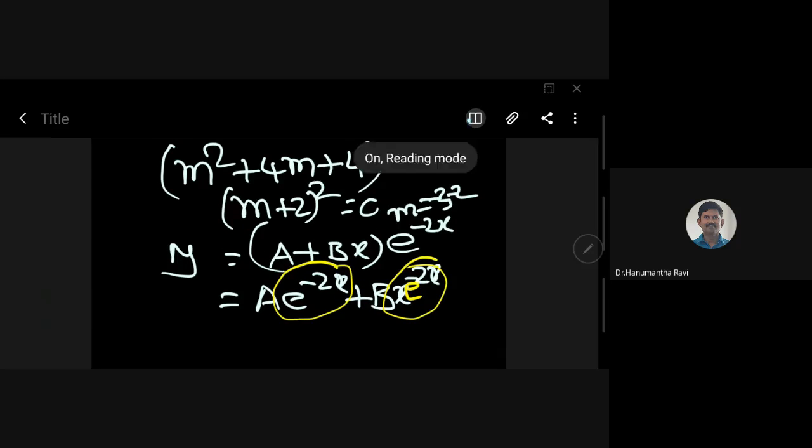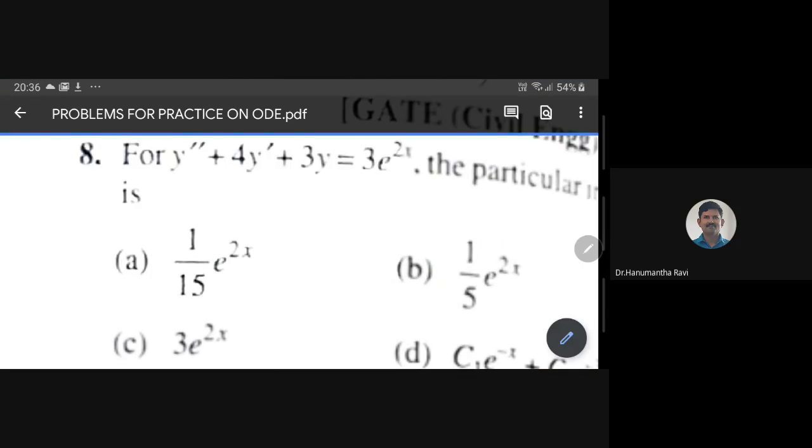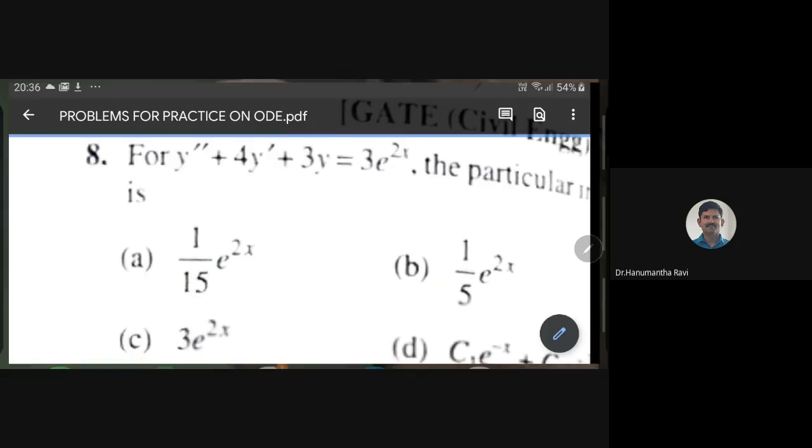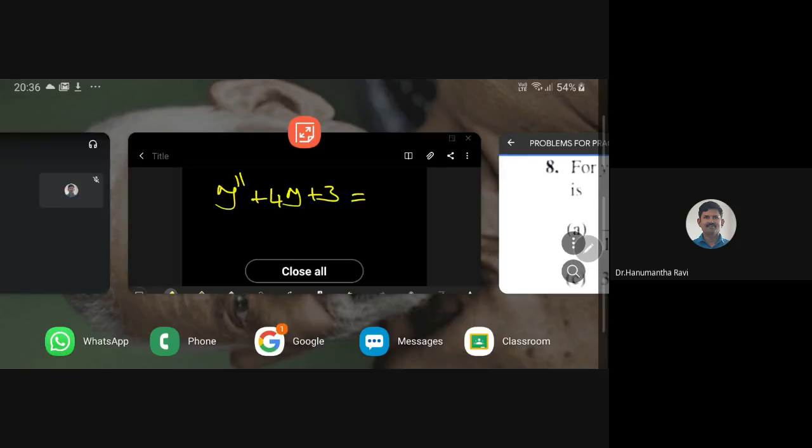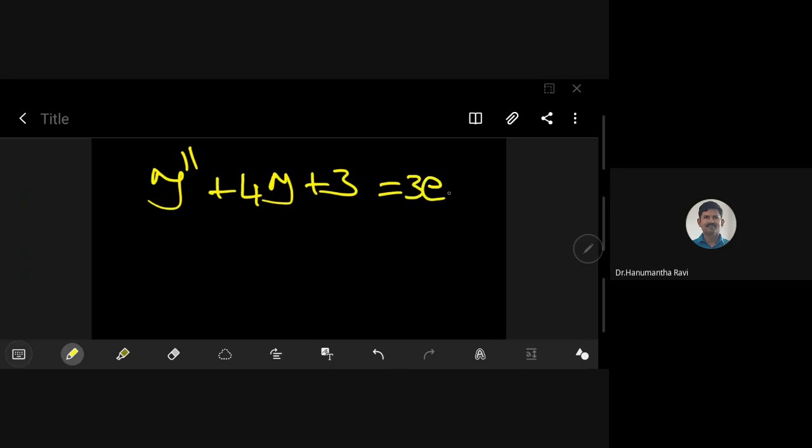If you go to the eighth question, what is our differential equation here? y double dash plus 4y dash plus 3y is equal to 3e power 2x.